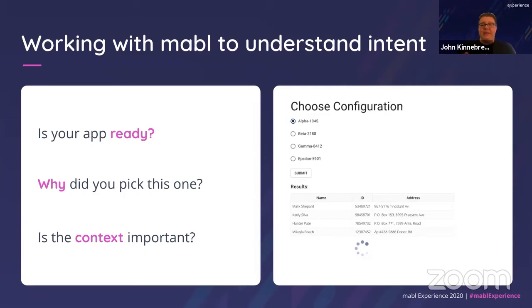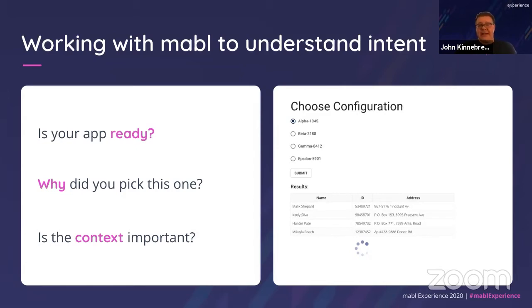So here, maybe you chose alpha 1045 simply because you needed to select any option, or maybe it's particularly this option that's being tested in this particular flow. So that kind of information about why you picked a particular element, and in this case, say a radio button that also has this label, although that's a different element and they're all associated with each other in the DOM in different ways, information about why you picked that is very helpful to make sure Mabl picks the right thing the next time.